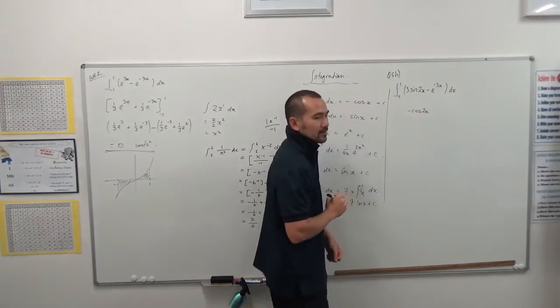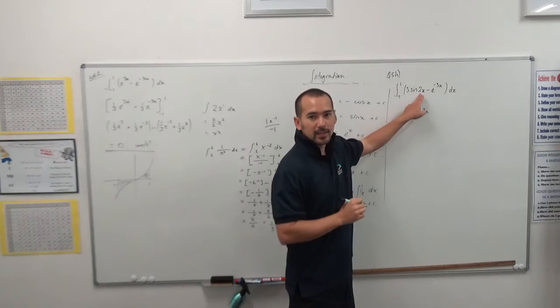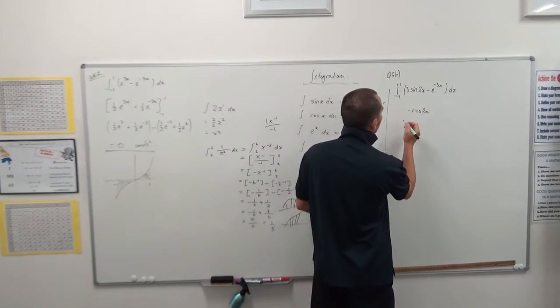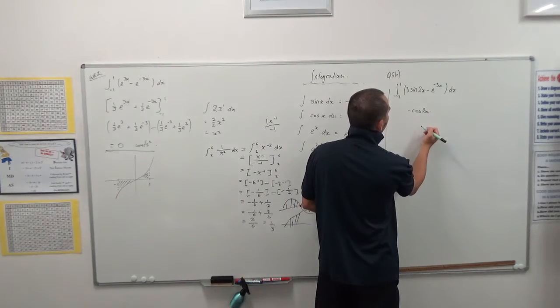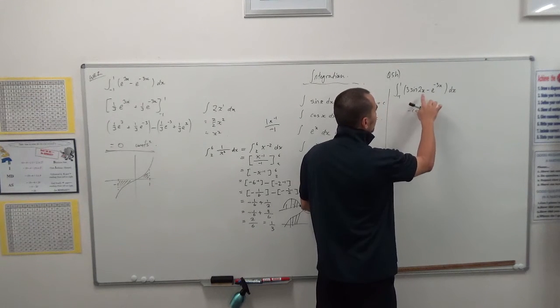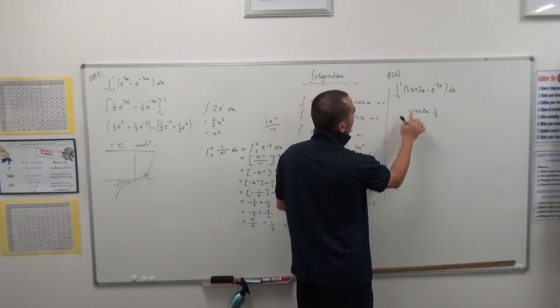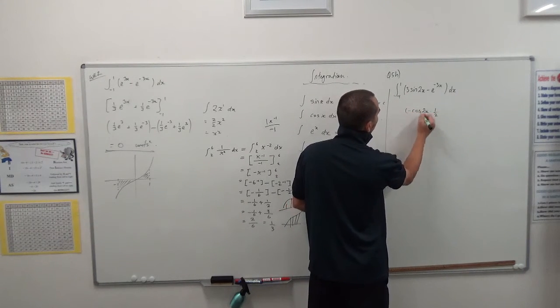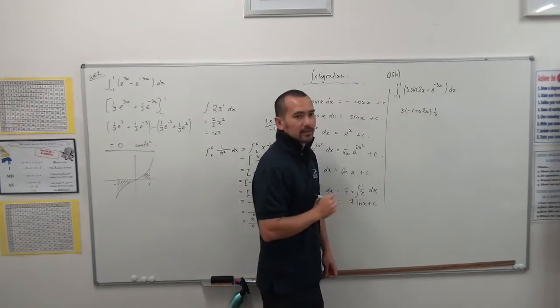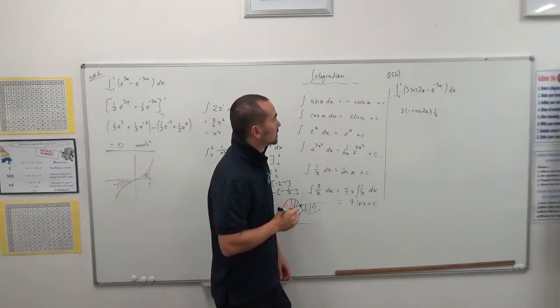And the derivative of 2x is just 2, so we have to remember to divide by the derivative. Okay, and I've still got that 3 there, so that's the integration of 3 sine 2x.